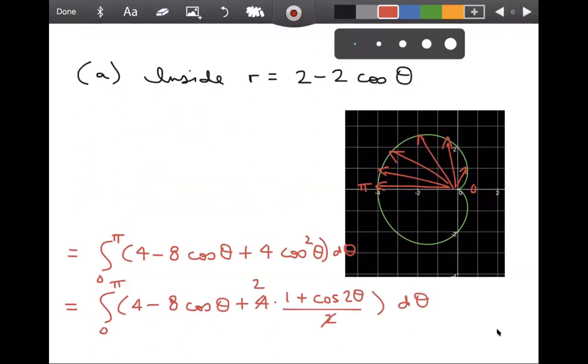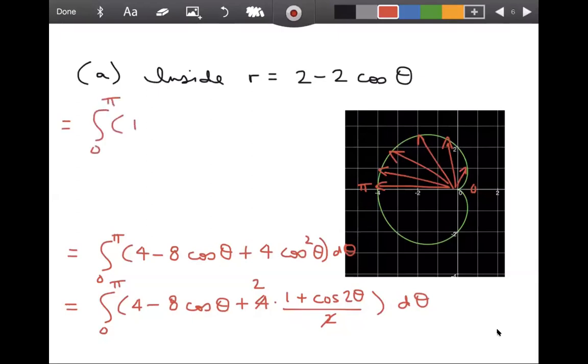All right, so what we have is the integral from 0 to pi of 4 minus 8 cosine theta plus, let's go ahead and do this. I'll distribute the 2. So that's going to give me 2 plus 2 cosine 2 theta.